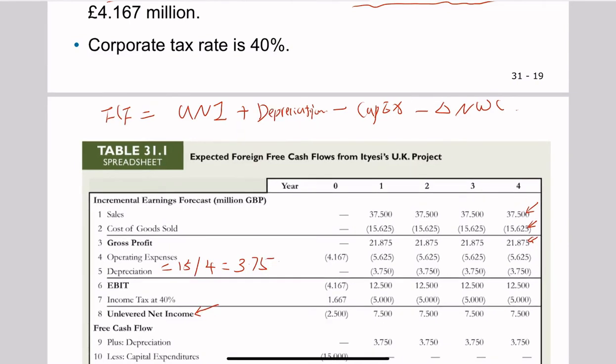And then finally we can get our unlevered net income. I mean, essentially unlevered net income equals EBIT times 1 minus corporate tax rate, right? Or you could say unlevered net income is the after-tax EBIT.